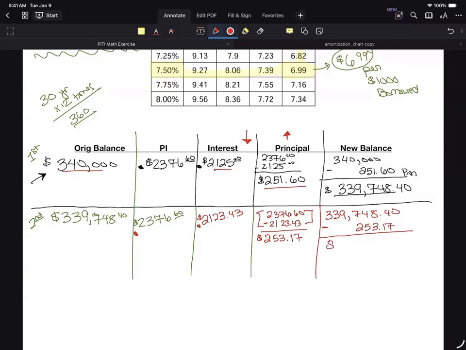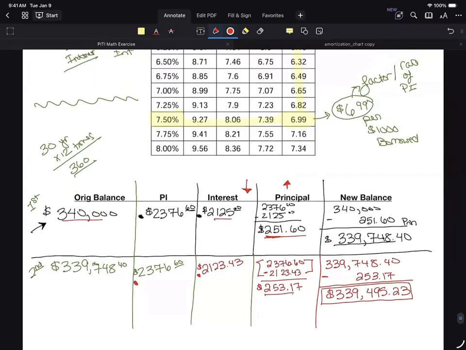So if I did my math right, I got 339,495.23. Yes. Wow. So you've written the bank almost $5,000 in checks, but you've only reduced your balance by a little over $500, which kind of makes sense when you look at it that way.